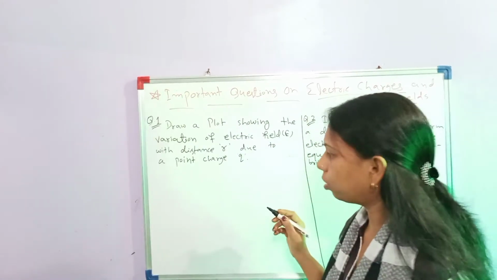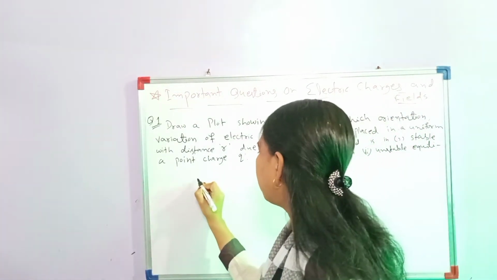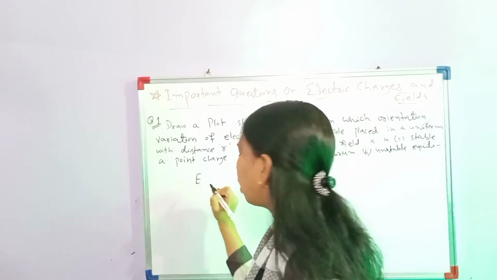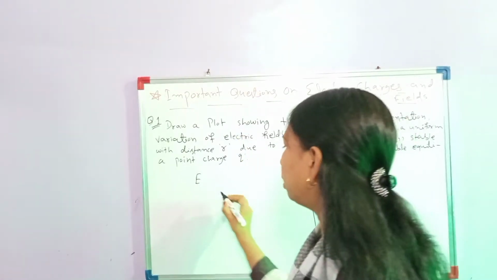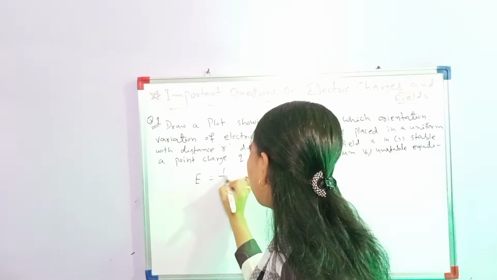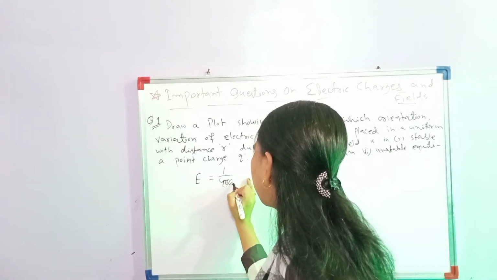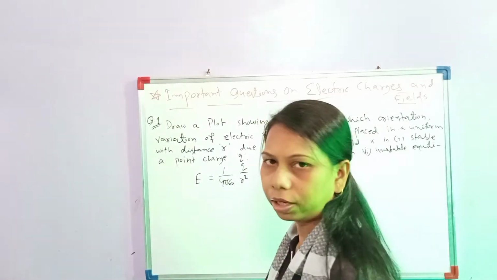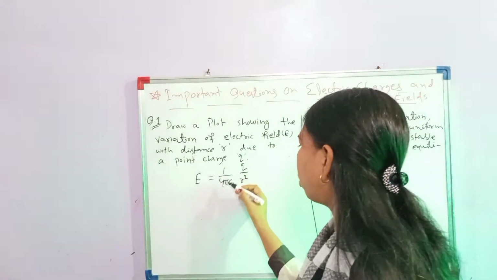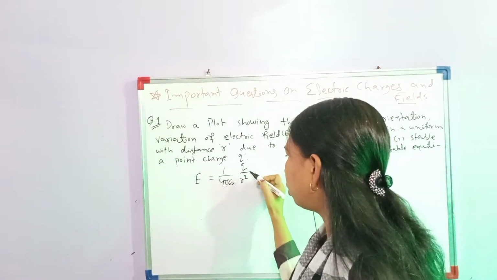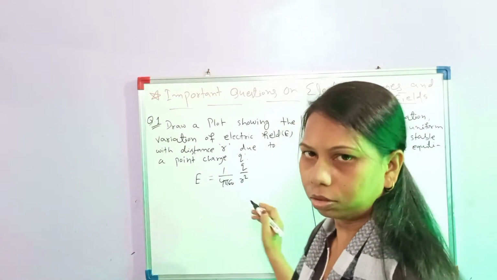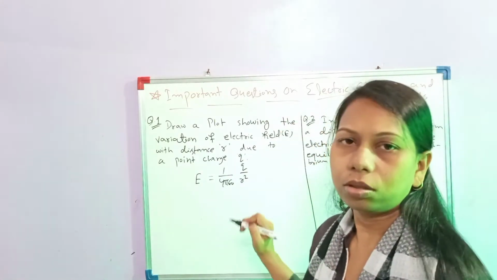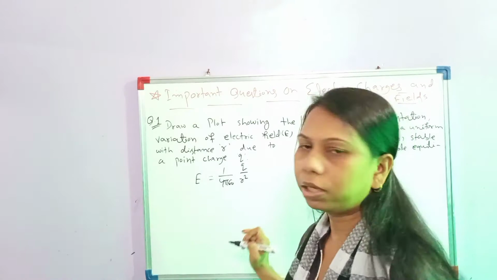You know the formula of electric field intensity due to a point charge q at a distance r is equal to 1 upon 4 pi epsilon naught q upon r square. 1 upon 4 pi epsilon naught is constant, q is constant, so this will be a 1 upon r square graph.